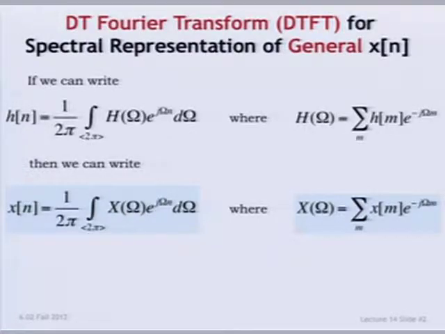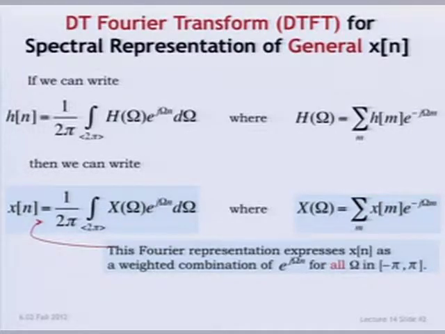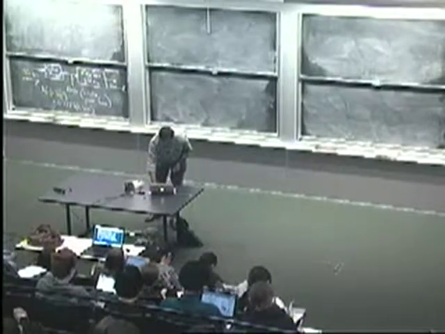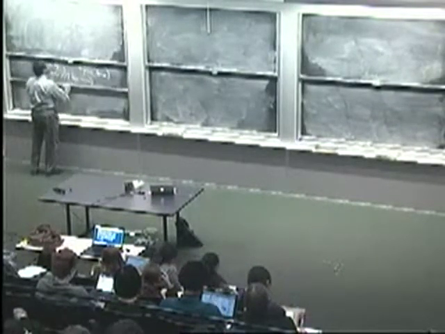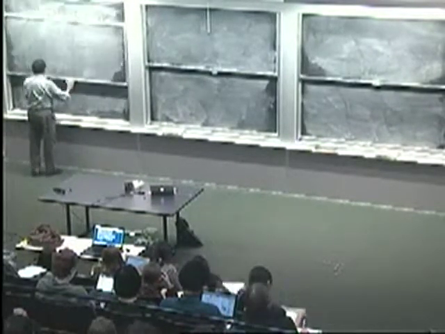There's nothing different here. The key observation now, though, is that the formula on the left, the inverse DTFT, is actually allowing us to represent x of n, the time domain signal, as a weighted combination of exponentials of this type. And the reason that's important is that we know how to deal with signals of that type very easily.